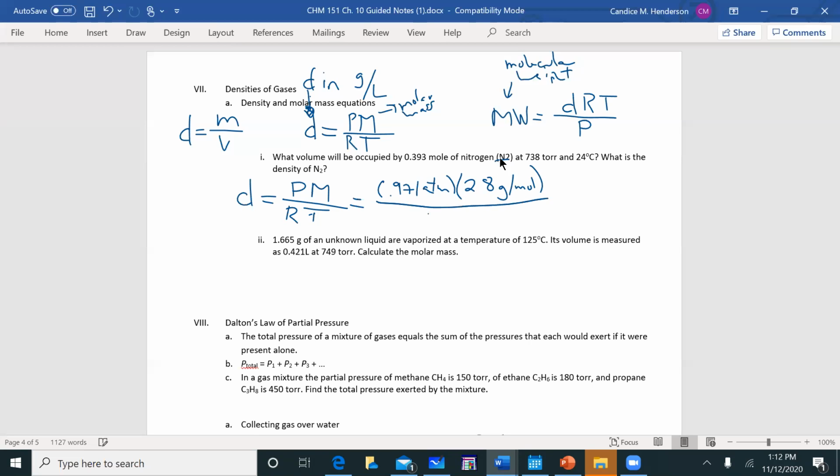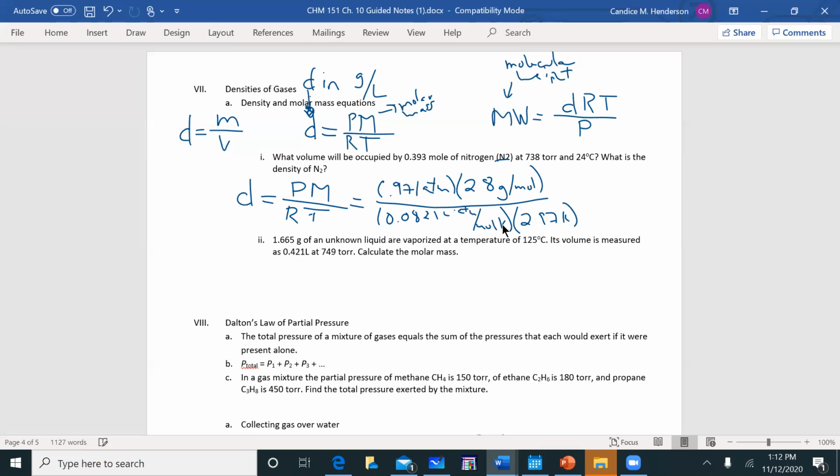So double it up if it's an N2. We're going to see a lot of diatomics with our gases. Our R constant, 0.0821 liters ATM per mole Kelvin. And then we're going to multiply it by our temperature, 24 plus the 273, 297.